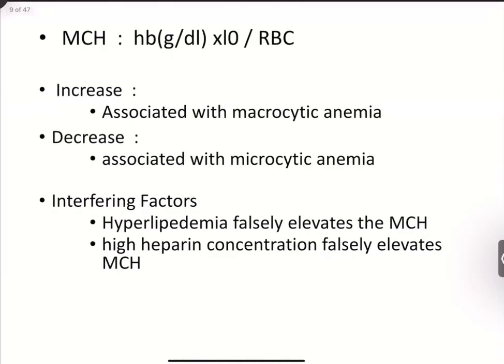Next is your MCH. The formula for this is hemoglobin in gram per deciliter times 10 over your RBC count. This is increased in association with macrocytic anemia and decreased with microcytic anemia. This can also be used in determining the size of the RBC, like the MCV.